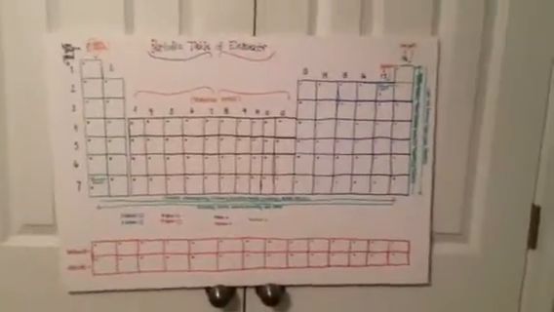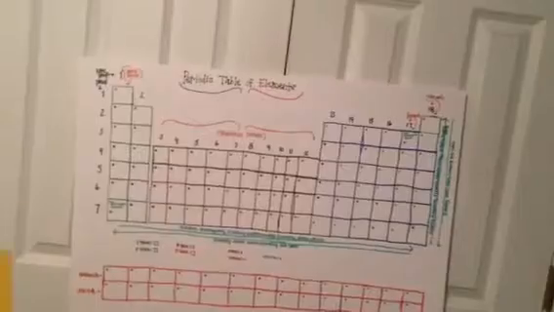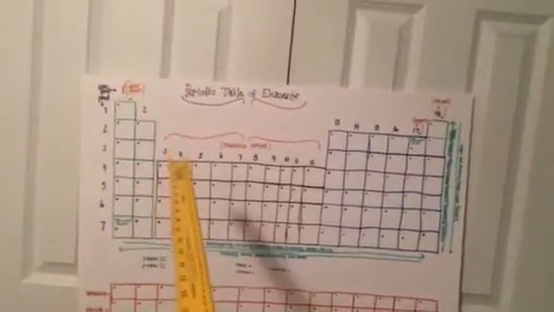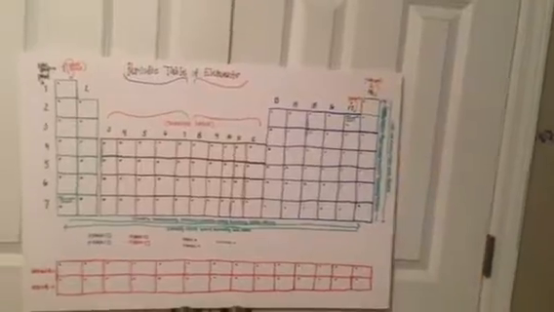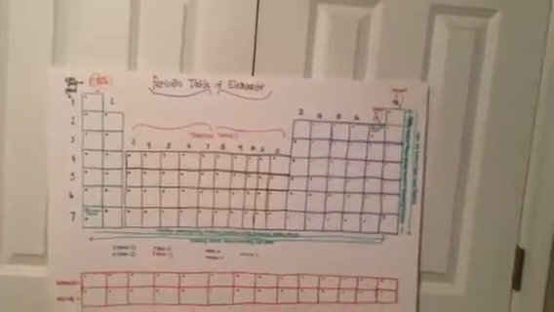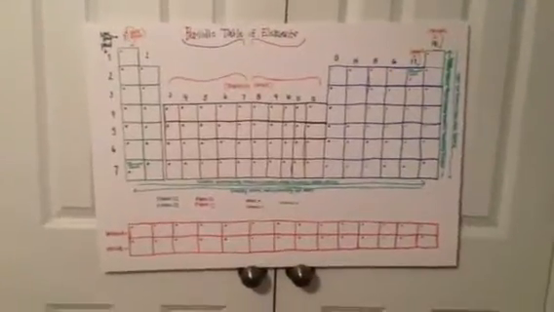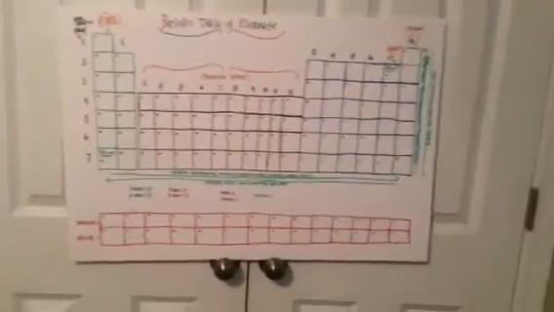The groups on the periodic table are located at the top of every column. They represent the number of valence electrons presented in each atom.